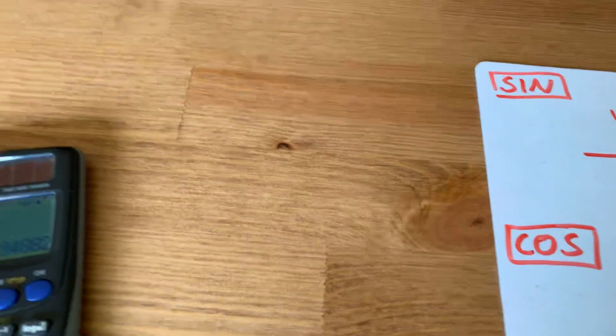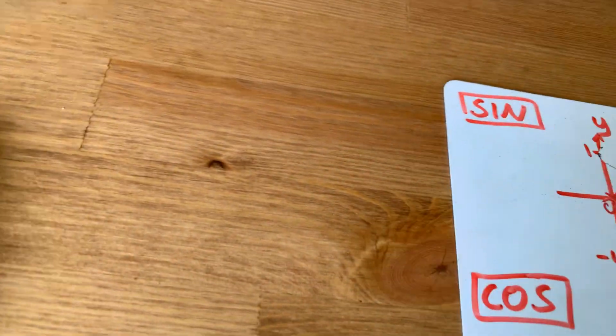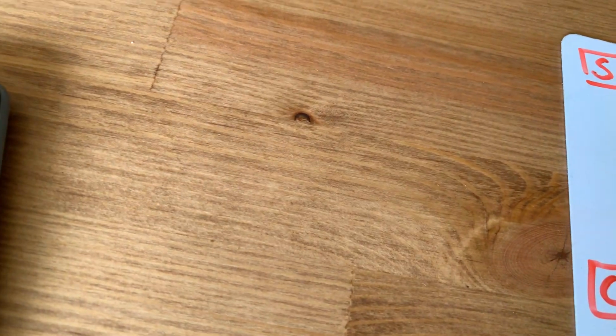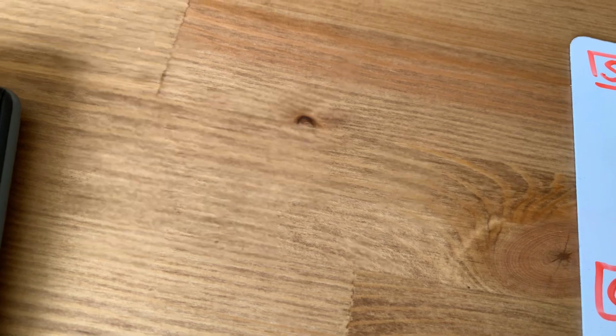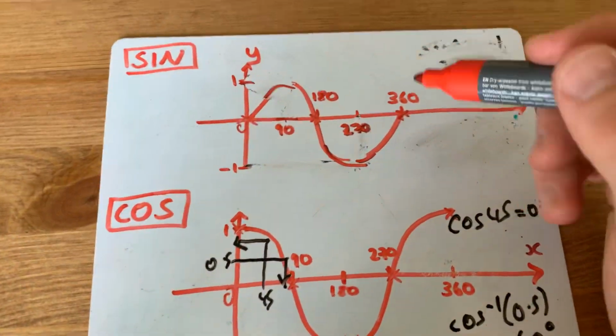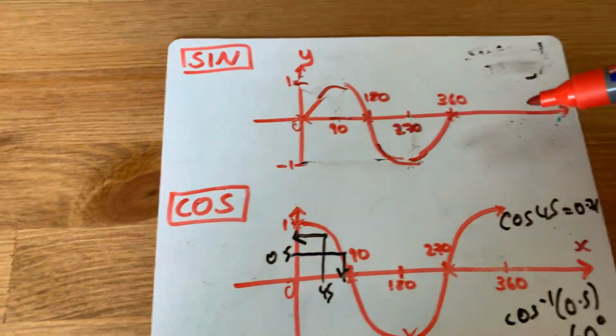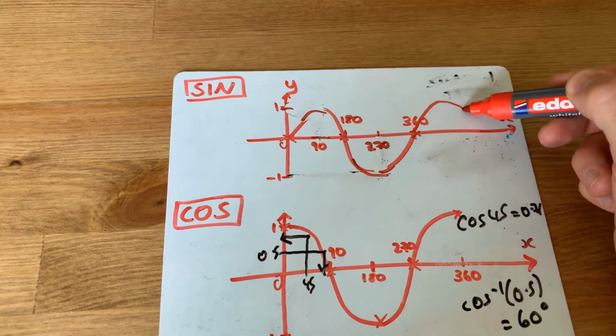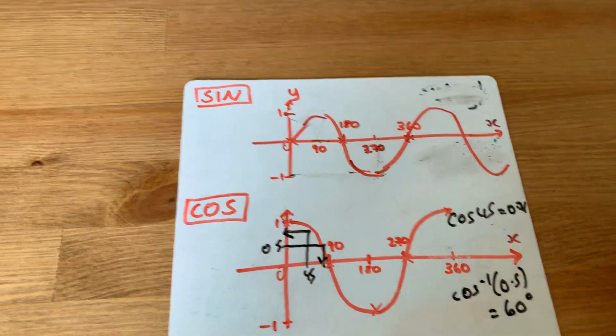We'll just focus on sin for now because it's one which I've done my rubbings on. What I'd like us just to see is that obviously I have 0 to 360 currently. This graph actually continues. Okay, so if we have 360, this graph actually continues in this shape, this way.